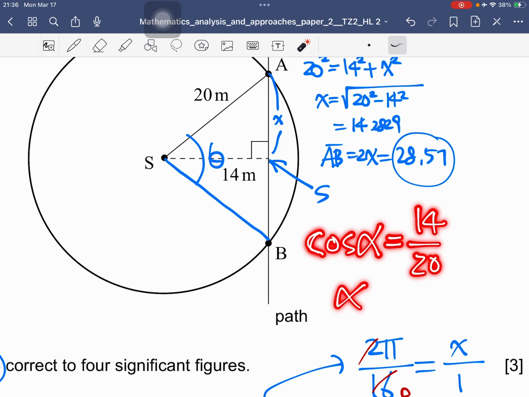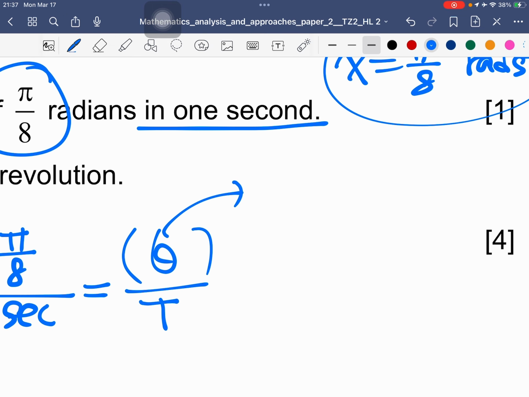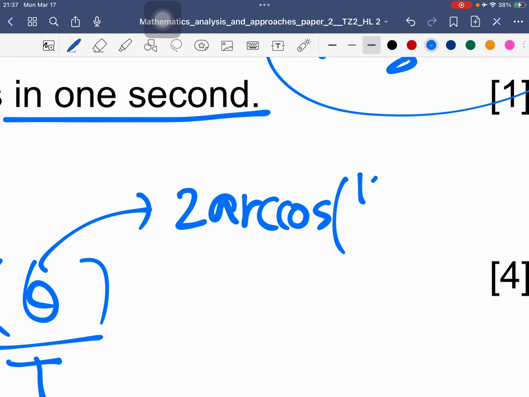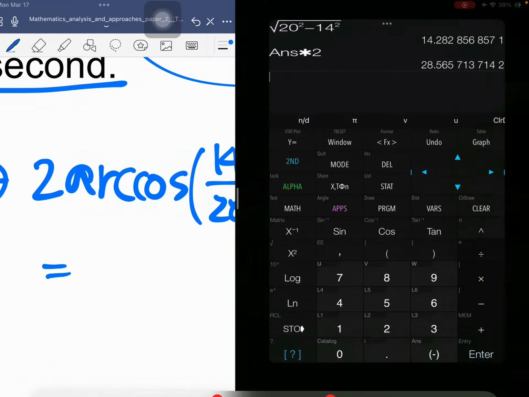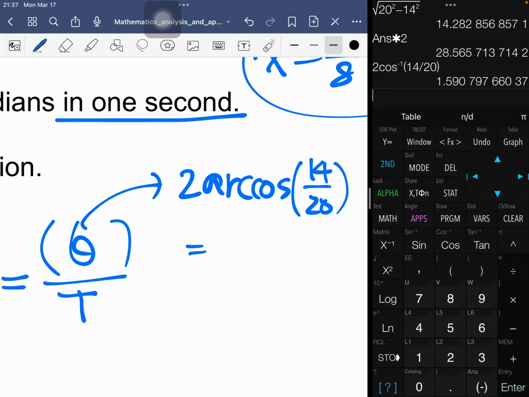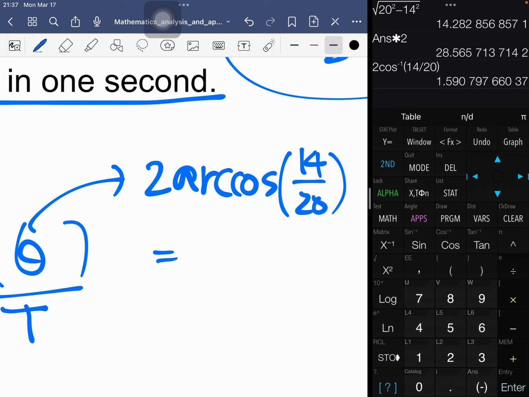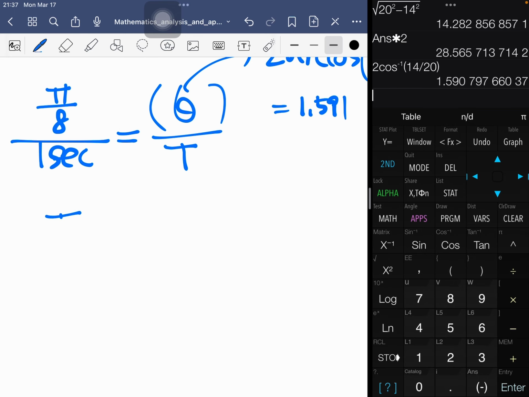So alpha is arccosine of 14 over 20. So theta is 2 times arccosine of 14 divided by 20, which equals 1.591.